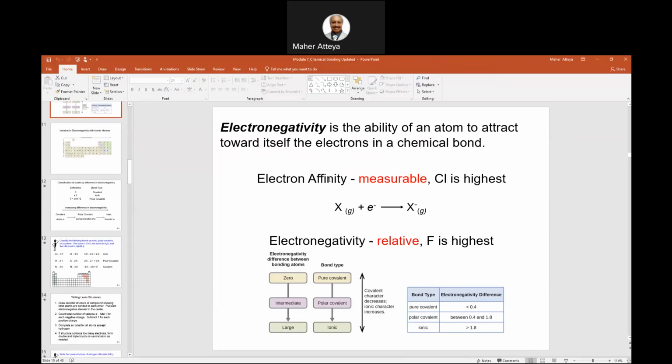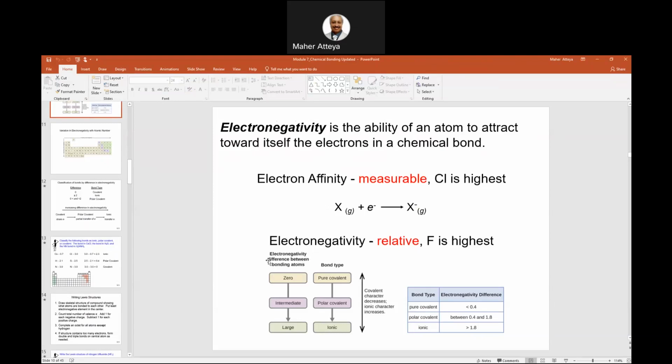Electron affinity is the atom by itself, not taking it from a compound. But electronegativity is between bonding atoms within a compound, correct? So that's the difference between them. Electron affinity is for atoms by themselves, but electronegativity is by bonding, within the compound itself.